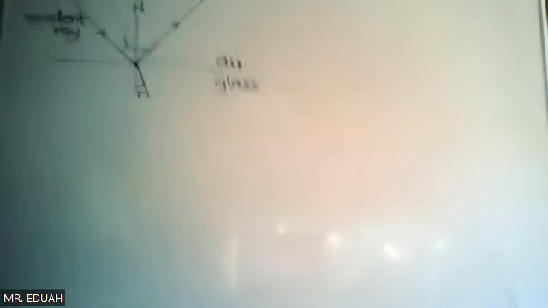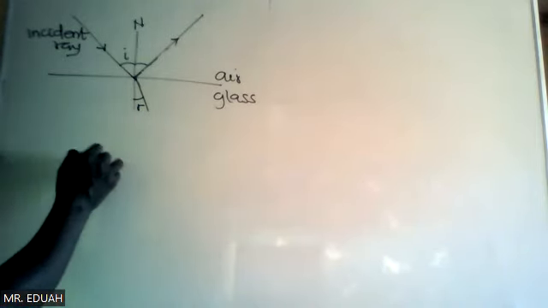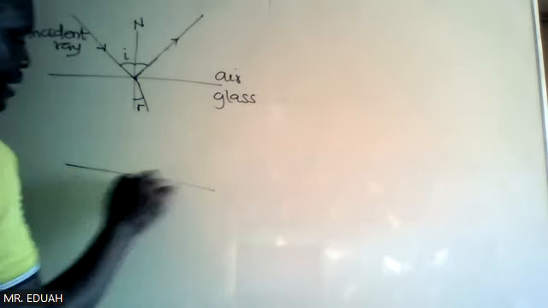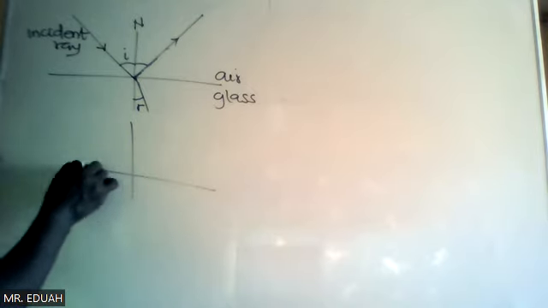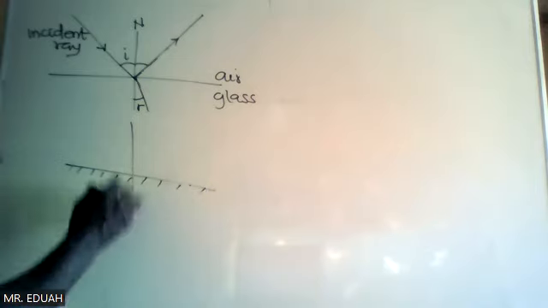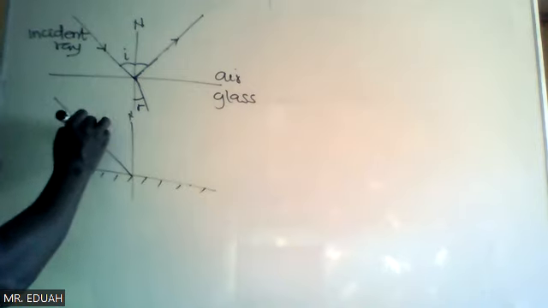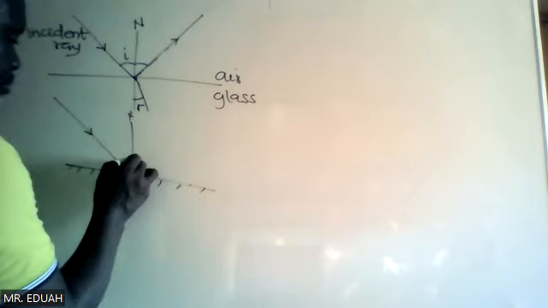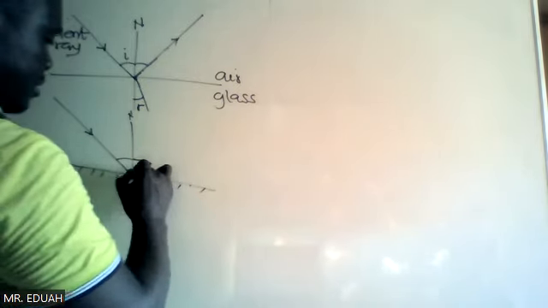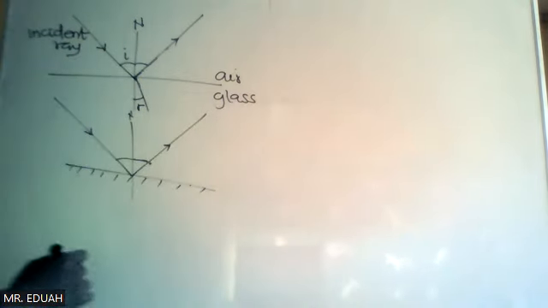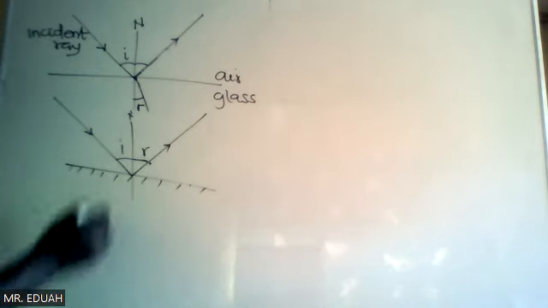If this is a plane mirror, with the normal, when you have incident light i and reflected ray r, but i and r are the same.